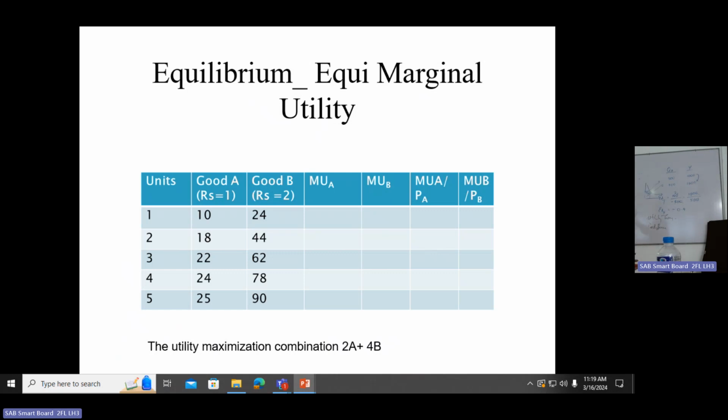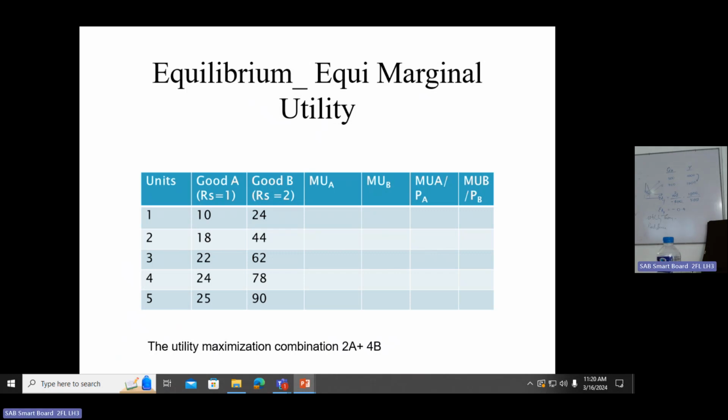So we need to calculate the marginal utilities, and then identify the marginal utility of money expenditure as well. When you find the equilibrium, those should be equal. What is the marginal utility of A? You can calculate it for each quantity.